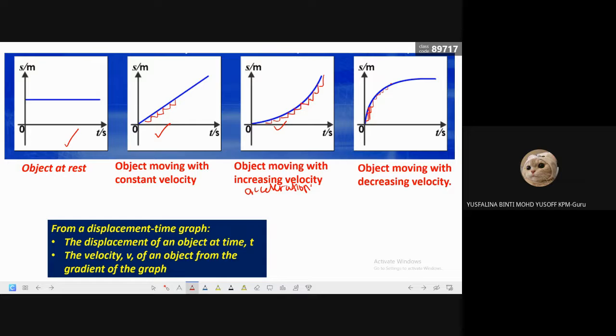Just now we looked at the size of the triangle. If I draw the size of the triangle, until one point I cannot draw it anymore because it has already become flat. So the size of the triangle is decreasing, which means the gradient is decreasing, and the velocity is also decreasing because the gradient represents the velocity. Is it clear?